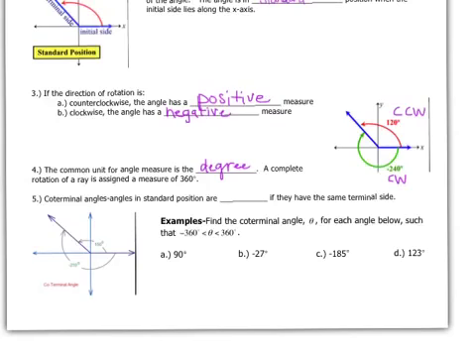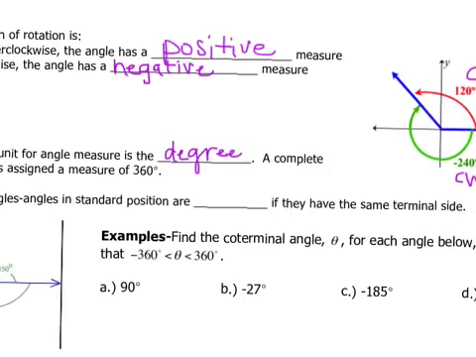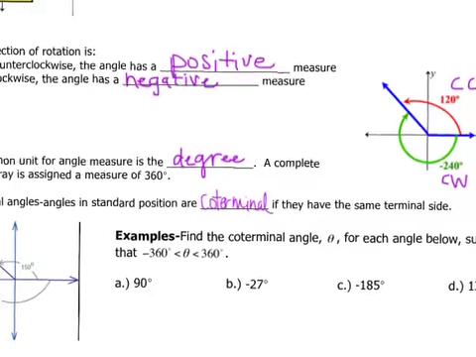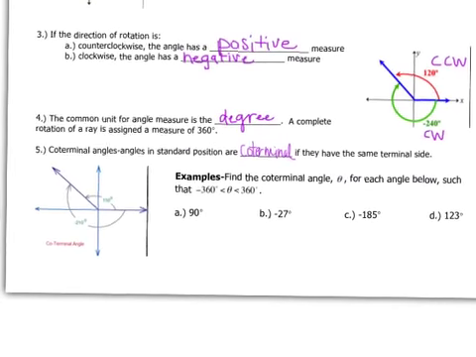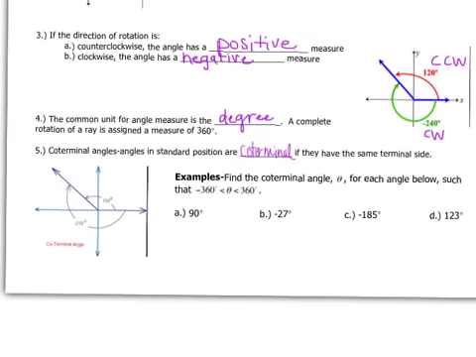They are coterminal if they have the same terminal side, is what I should say. Okay. So notice, coterminal angles, one will have a positive degree measure and one will have a negative degree measure, okay?